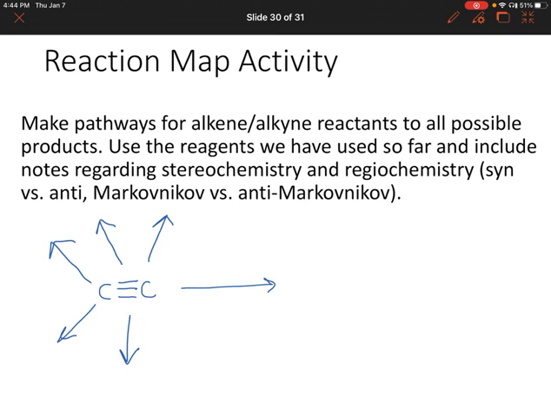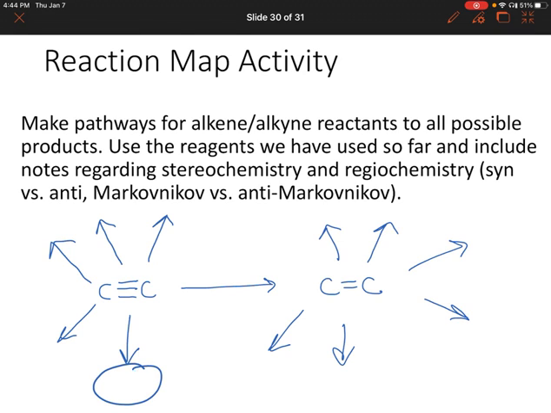And then you could show, okay, how do I get from an alkyne to an alkene? And then show all of the different reactions you could make from that alkene. But additionally, you might find some products over here that can be made into products over on the right-hand side. So kind of see what connections you can make.